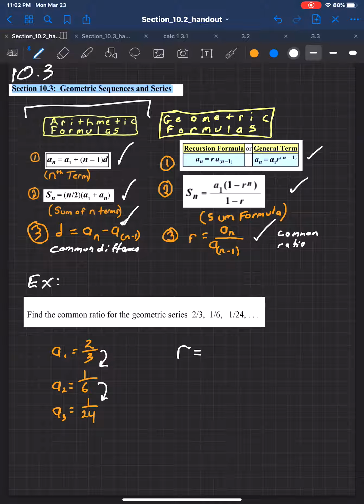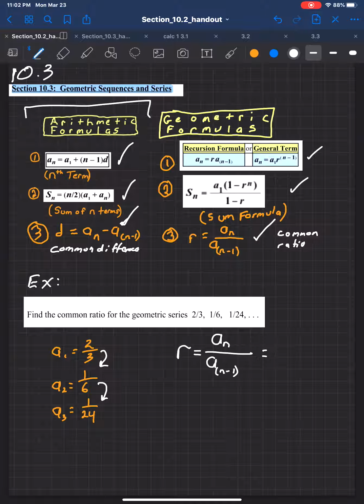Let me write the formula, because it's very simple. It's going to be a sub n divided by a sub n minus 1. So, in other words, we're going to take a term in the series and divide it by the previous term. So let's do that.